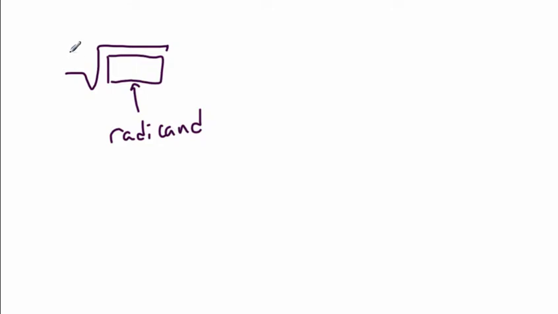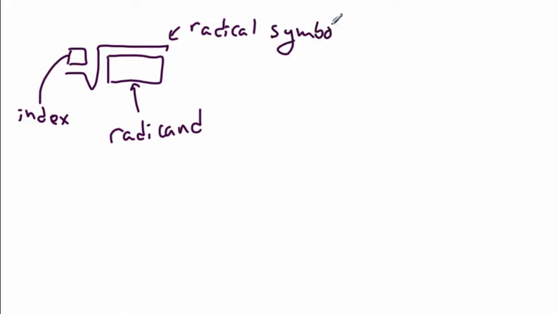So whatever ends up in this little space here is called the index, and this tells us the number of things we wish to have multiplied together to get the radicand. And this fancy symbol is called the radical symbol. So this is all together the package.